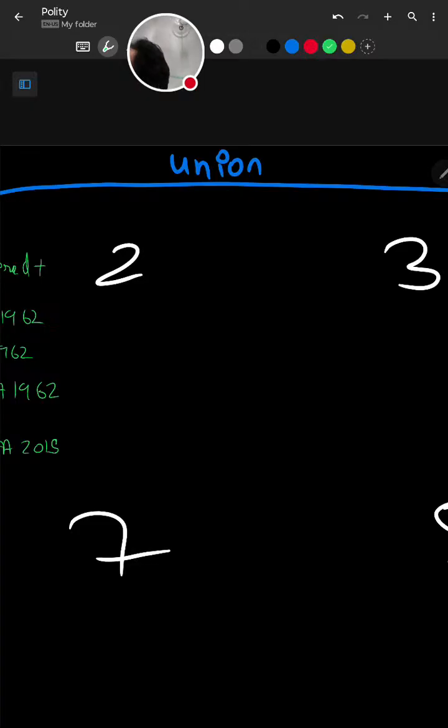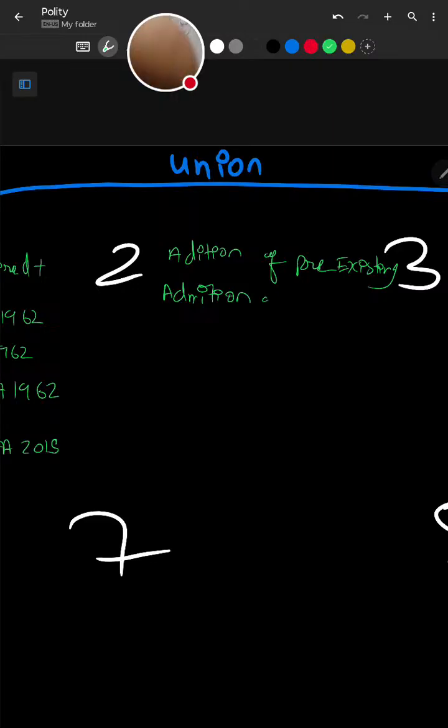The second one is basically saying that the addition of pre-existing states and administration of non-existing states, if we acquire any territory, is in this article. That is what basically this article is, right?